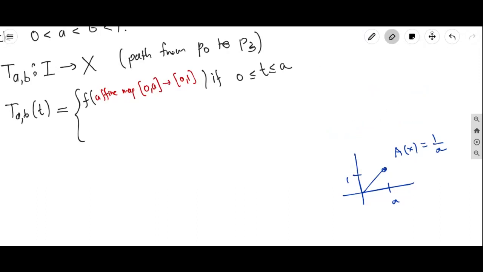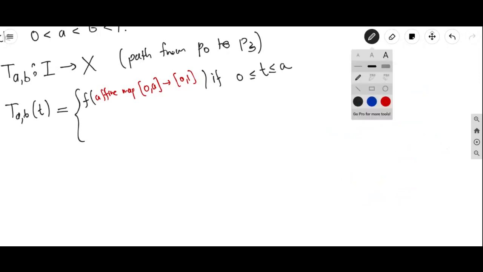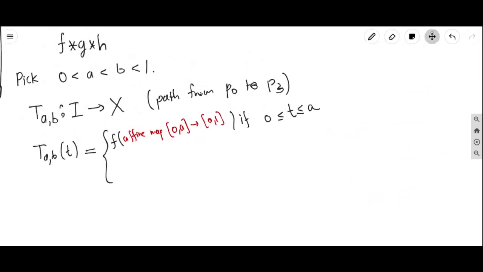But the formulas here do not really matter. That sort of misses the whole point. We want to try to avoid using formulas because then it gets even messier. So we're first going to activate f, then we activate g. We're going to activate g when time is between A and B. And here, the formula is going to be a lot more complicated because not only do you have to rescale it, but you also have to shift it.